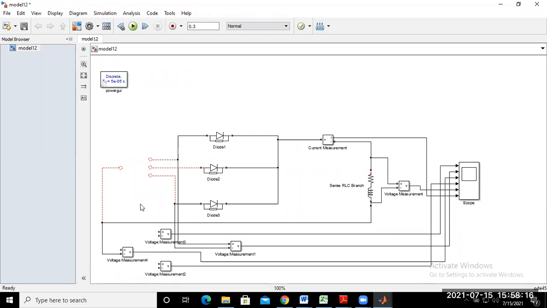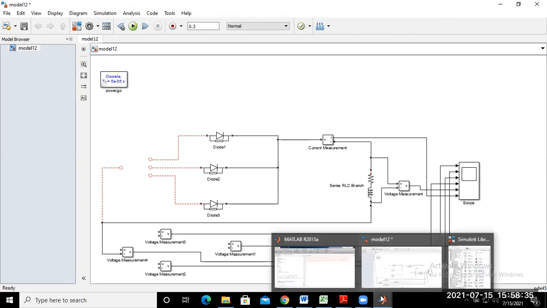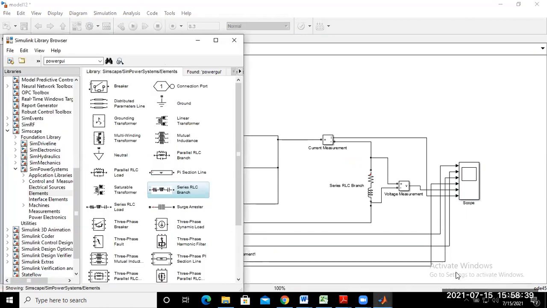Now let me find 1, 2, 3. Now drag 3 single phase AC sources from the Simulink library and place them here. So again go to the Simulink library and go to the electrical source.